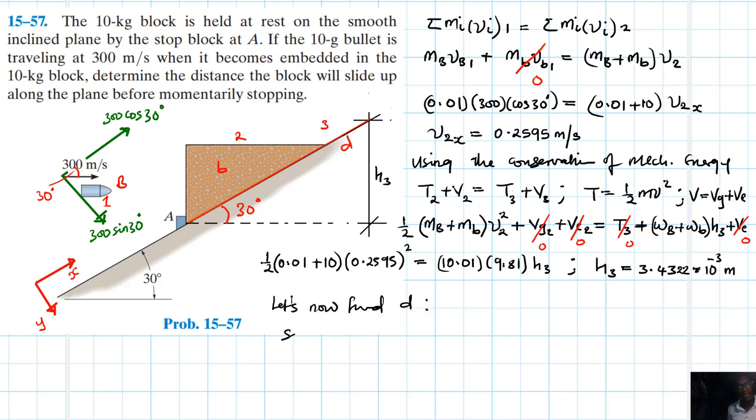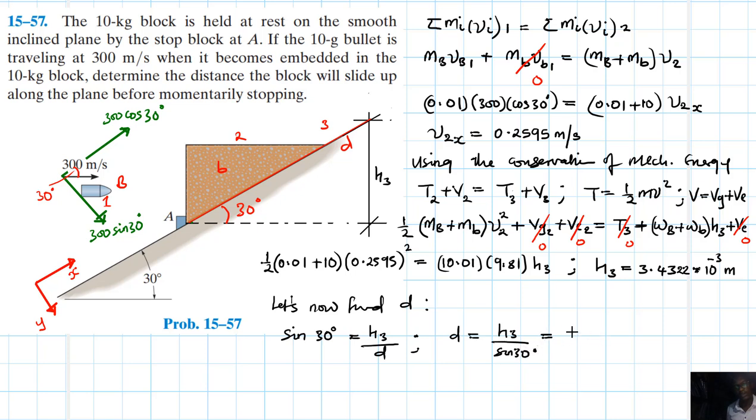We know that sin 30 degrees is equal to h_3 divided by d, and therefore d is just equal to h_3 divided by sin 30.